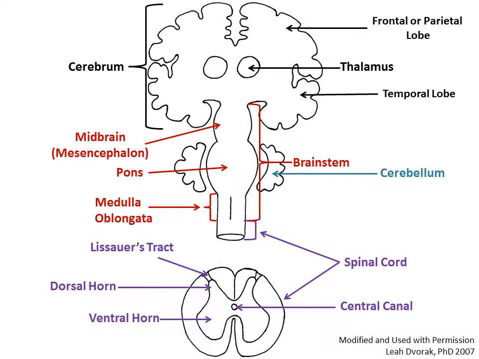This is where all sensory information first enters, before going to the part of the spinal cord it needs to go to in order to travel to its final destination. So everything comes in as far as sensation. Everything enters the spinal cord through Lissauer's tract.